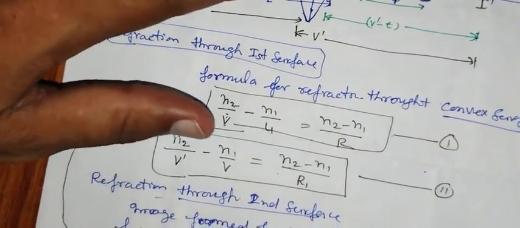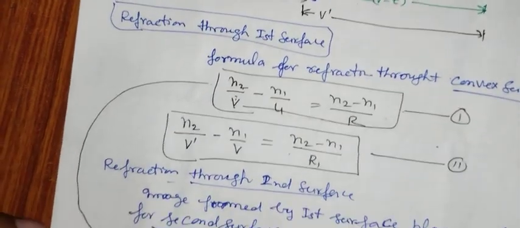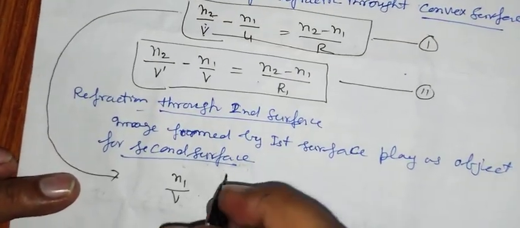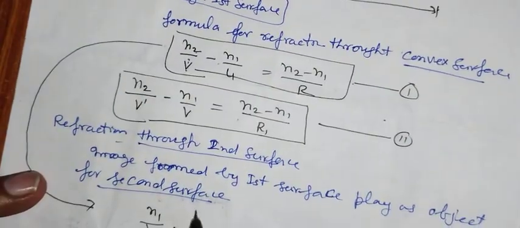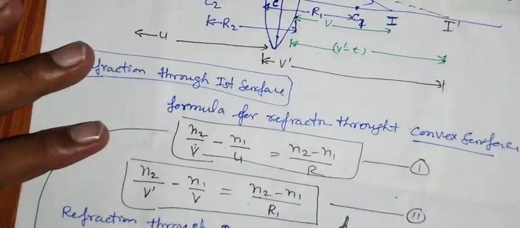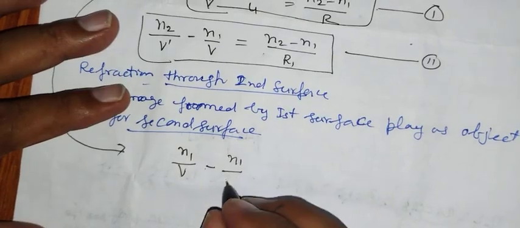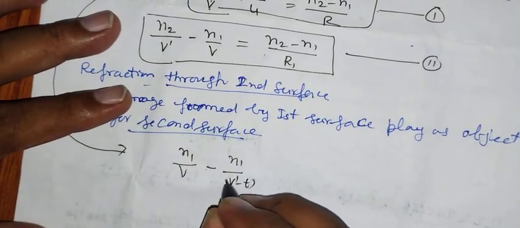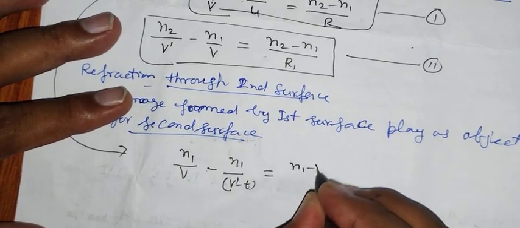So this formula can be taken here as n1, first medium, by V, minus, in place of n1 and u, what is u here in this case? V dash minus t, is equal to n1 minus n2.